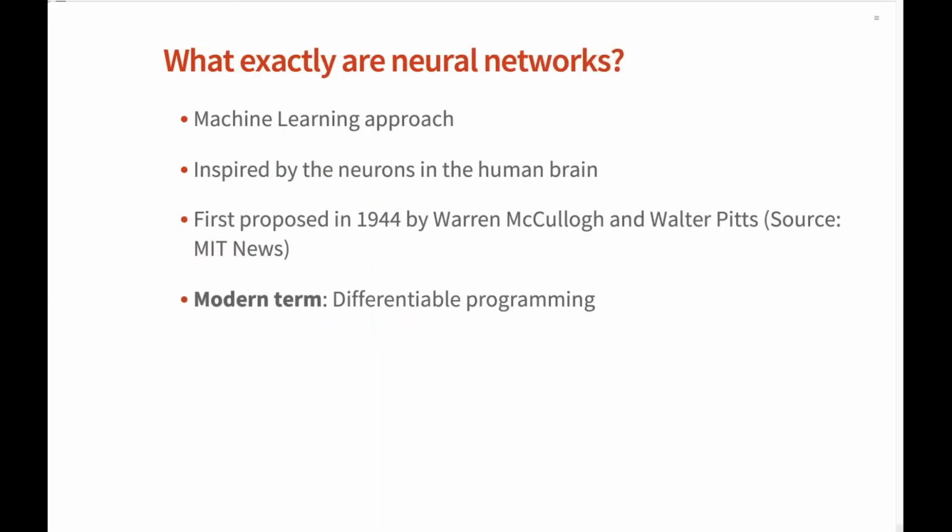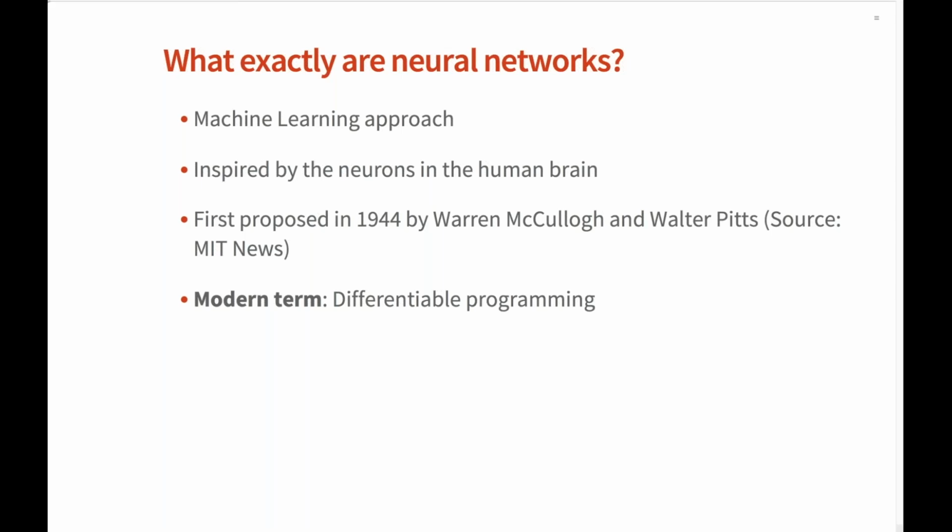So, what exactly are neural nets? They are one of several programming approaches to machine learning, which is inspired by the neurons in the human brain and enables computers to learn from observational data, be it images, audio, text, labels, strings, or even numbers.